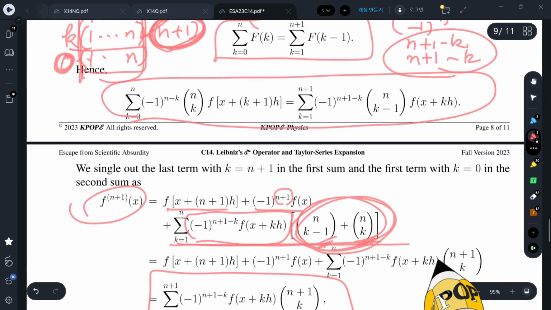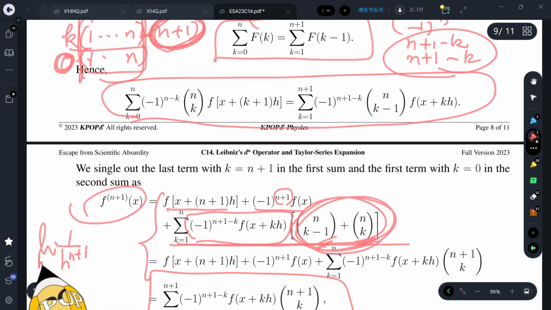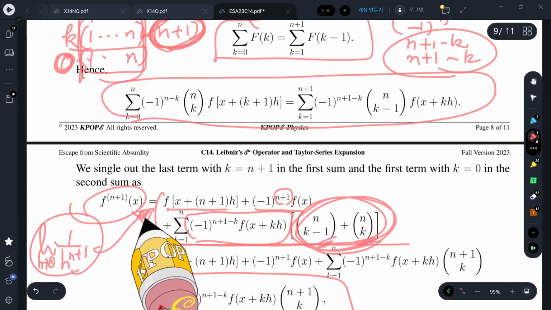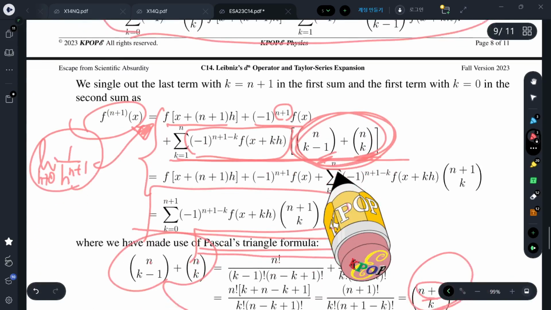This over factor, 1 over h to the n plus 1, limit h goes to 0. This is missing in here. Let me correct the lecture notes and upload in time.